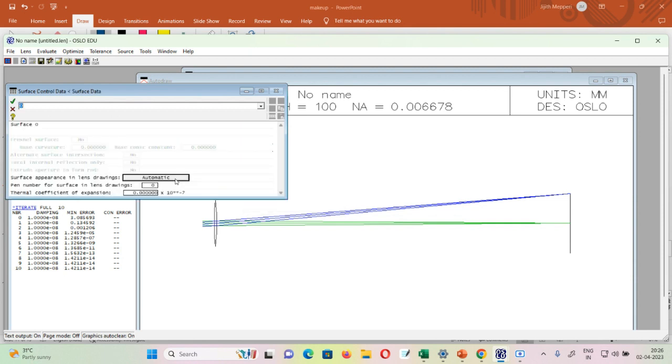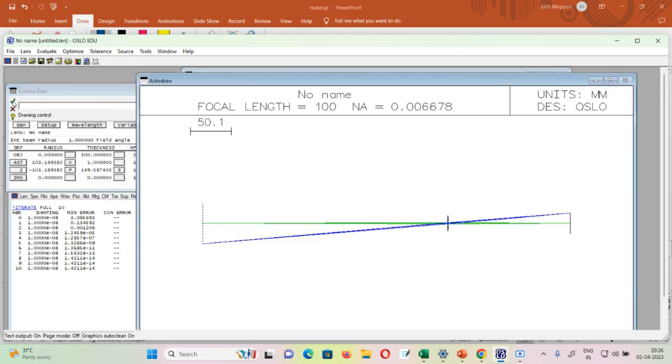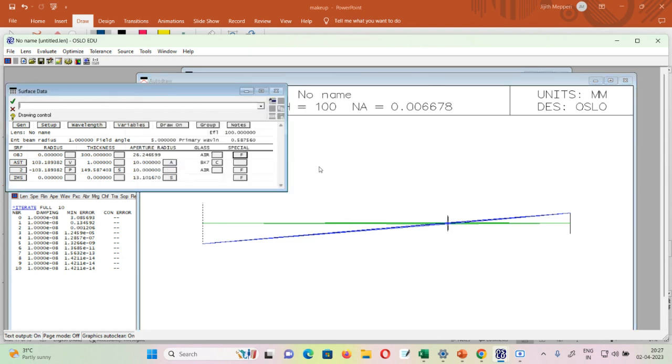So go to general, go for draw. Now you can exactly see that here I have an object and it is forming an image. You can see some aperture radius here.